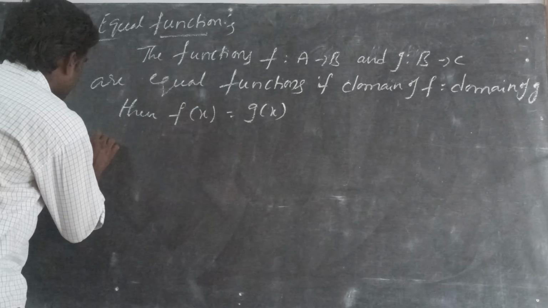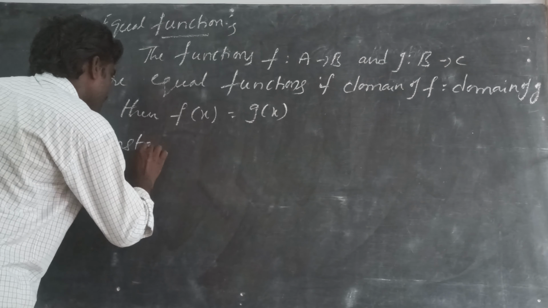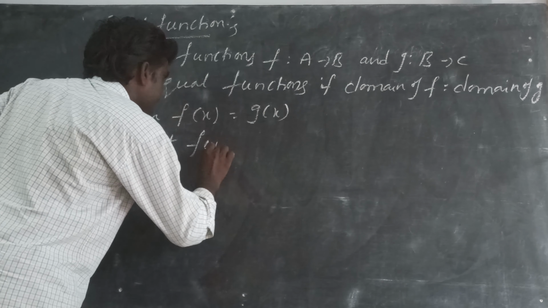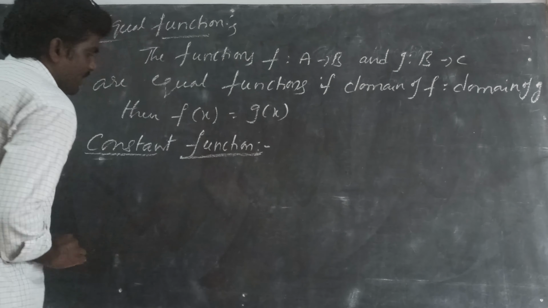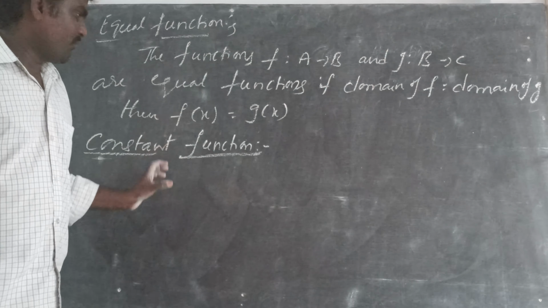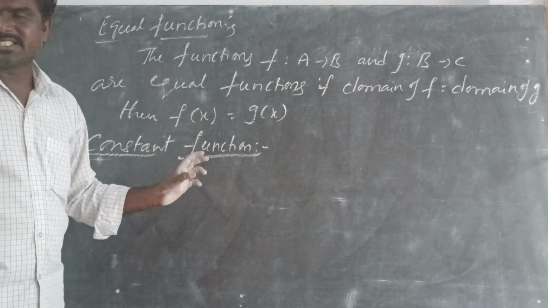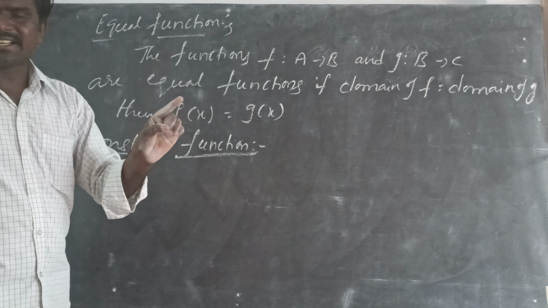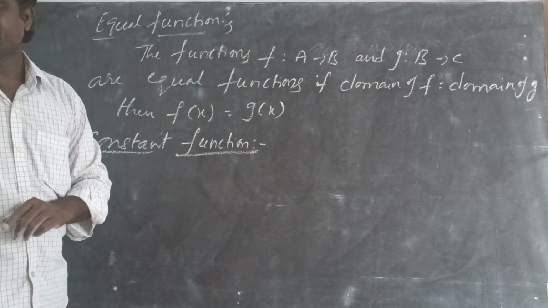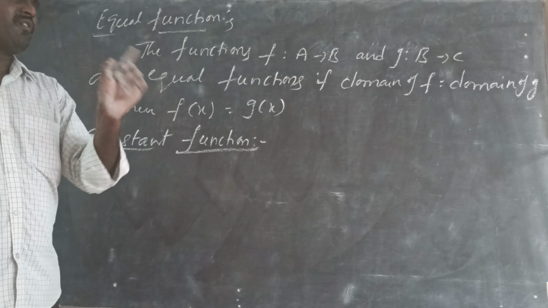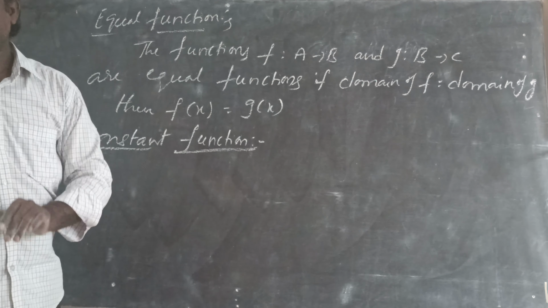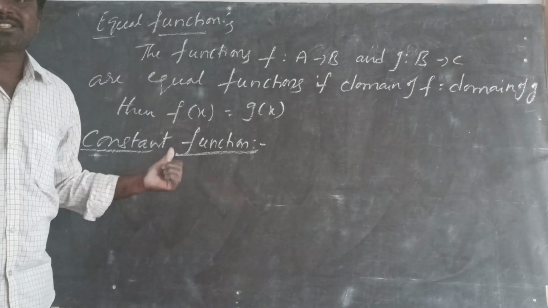Next, constant function. Constant function means here the set of elements of A is mapping with B at only one element. The range of the function is only one element. That is called a constant function.